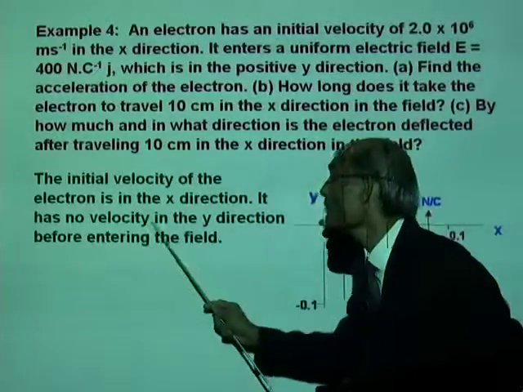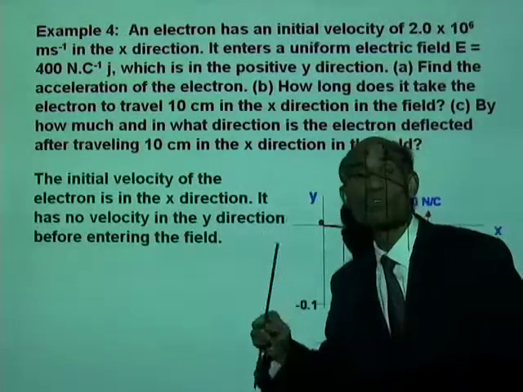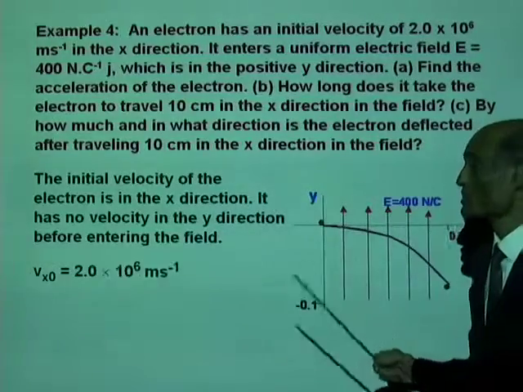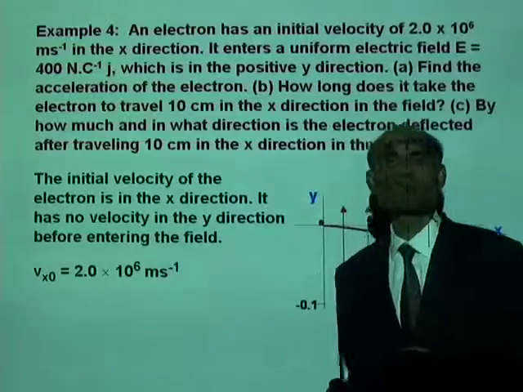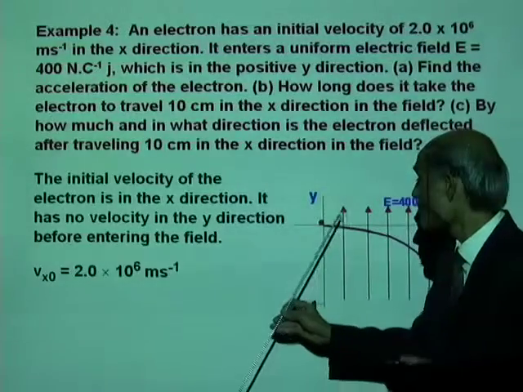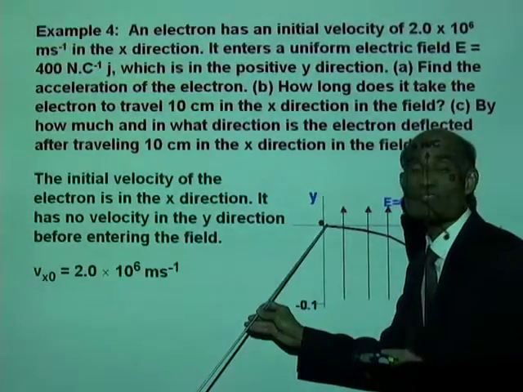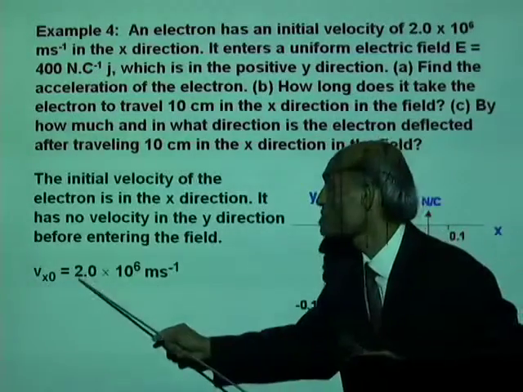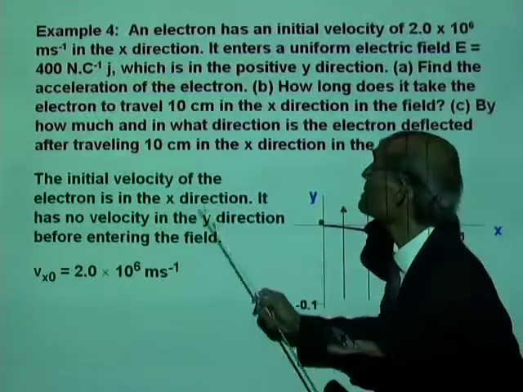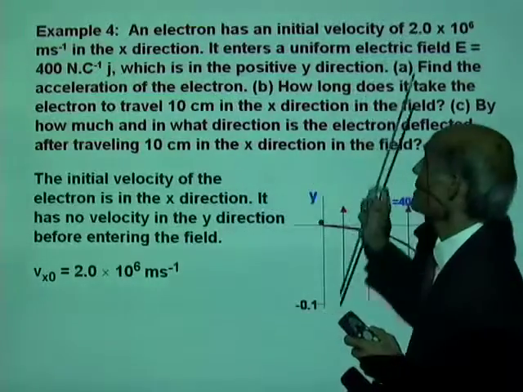It has no velocity in the y direction before entering the field. So we can say Vx0. What does Vx0 stand for? The x velocity before entering the field, or at the instant when it entered the field, is 2 times 10 to the 6th meter per second. That is given to us.